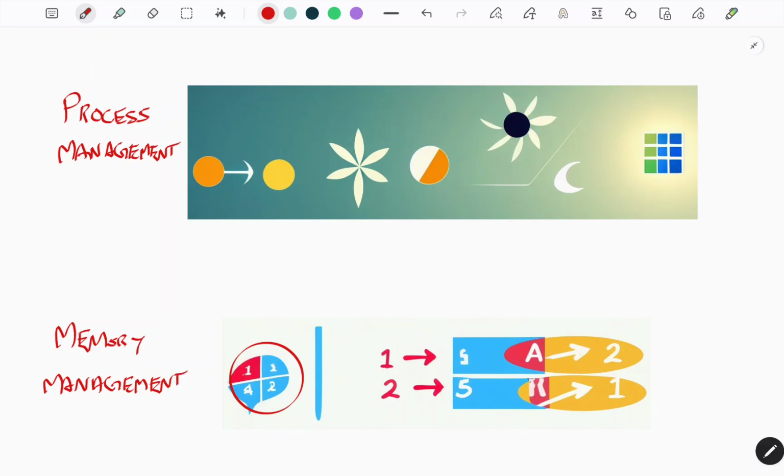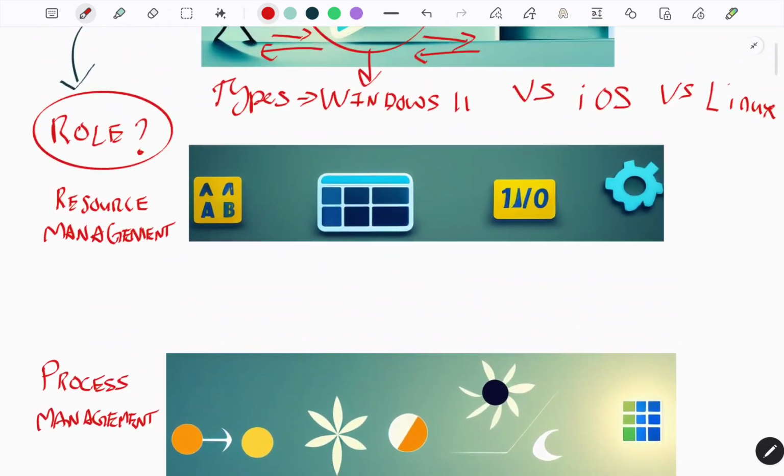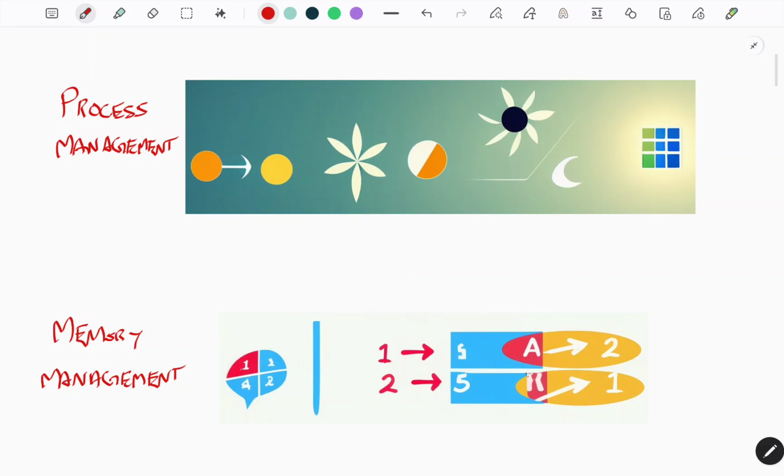management. So memory management is very simple. Basically, this OS will take care, it's the same as resource management. But when we talk about memory management, we focus on how much memory will be used for a certain program, as the schedule or the allocation.